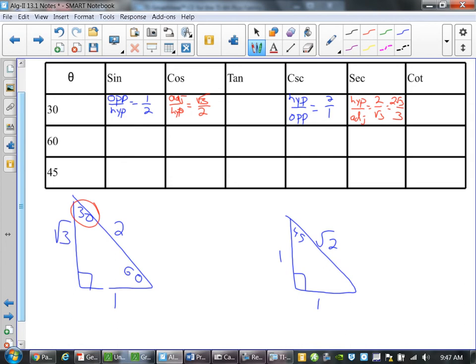And then tangent. Tangent of 30 degrees would be opposite over adjacent. So it's 1 over root 3, which is root 3 over 3. Cotangent's just the inverse of it. You just flip the fraction.